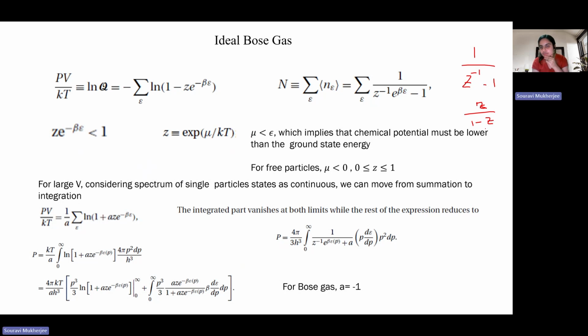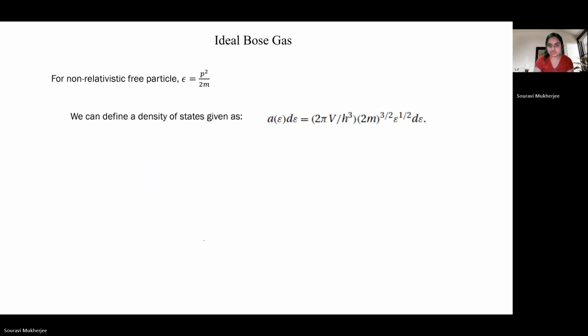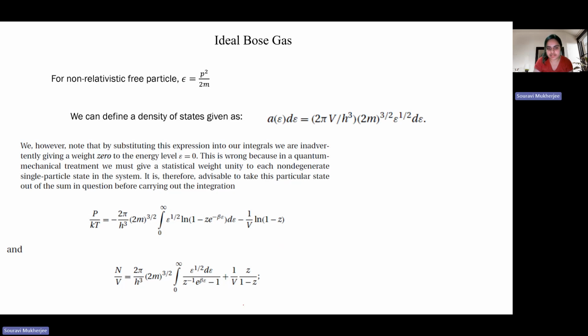Right? So z by 1 minus z is nothing but n0, which is the number of particles in the zero energy state. That means this term can be written as n0 by V, where n0 is the number of particles in the zero energy state.